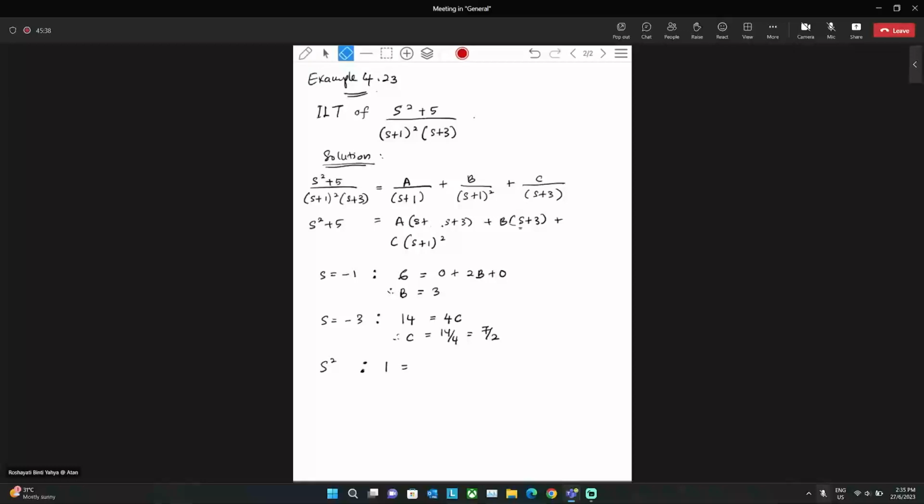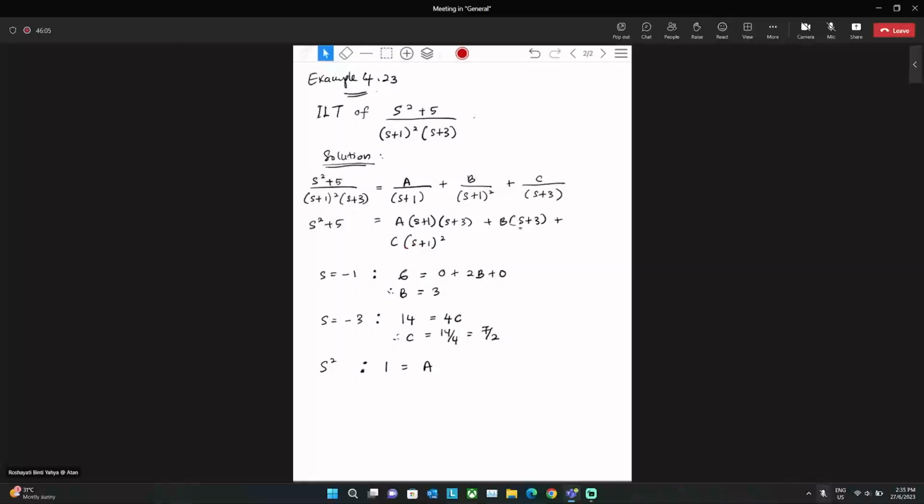How do you know which is your s squared? For a, s times s equals s squared. For b, no s squared. For c, s plus 1 squared means you will get s squared.